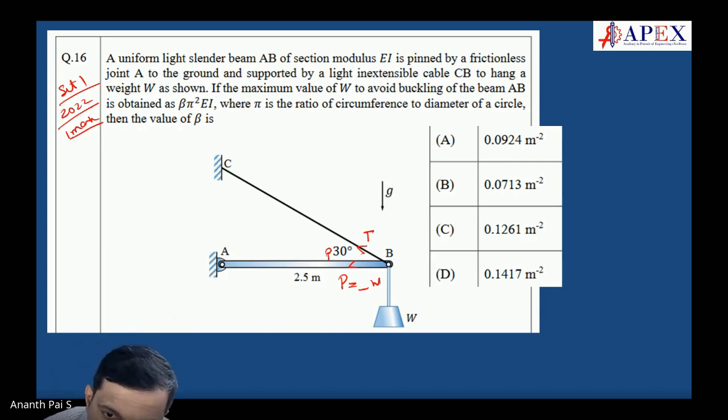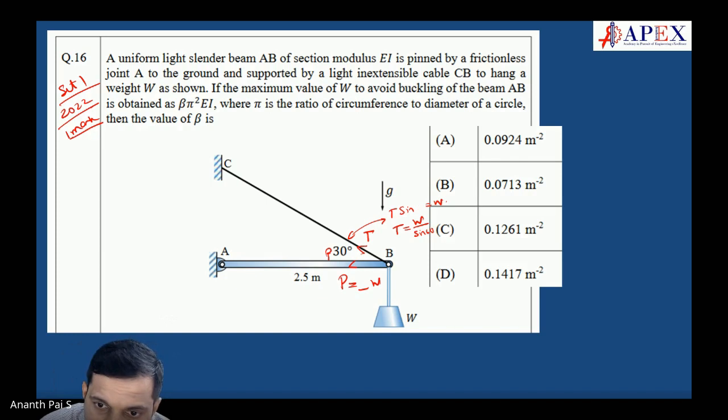So T sin 60 should be equal to W. Correct? So you get T is equal to W by sin 60. What is sin 60?